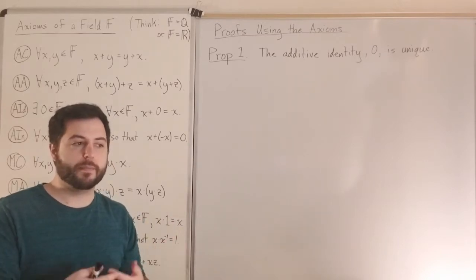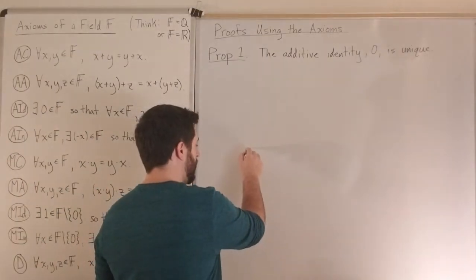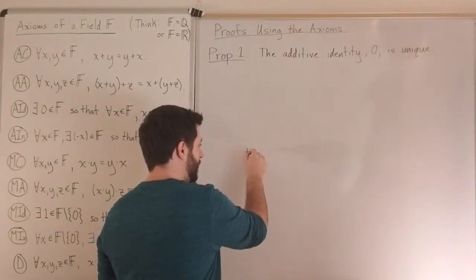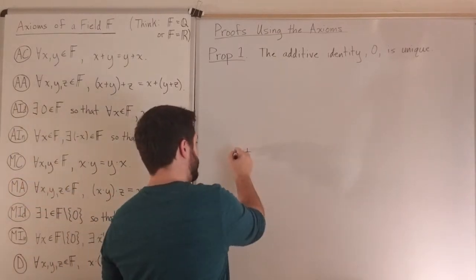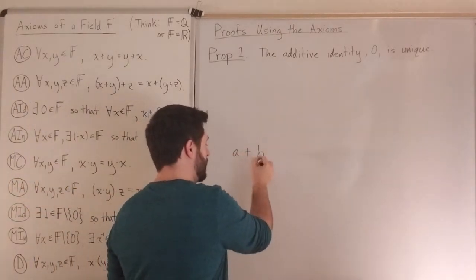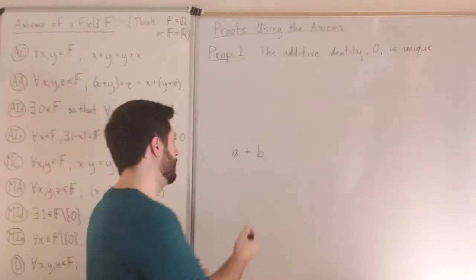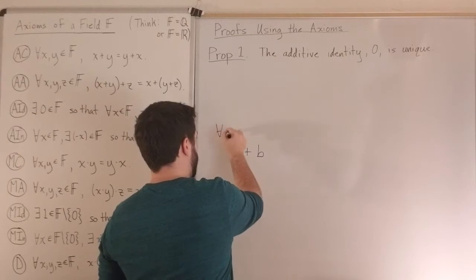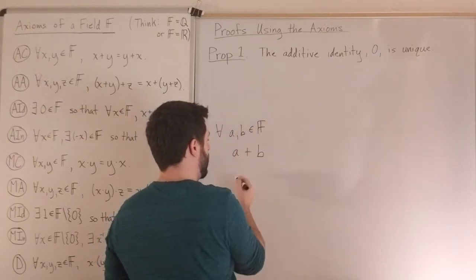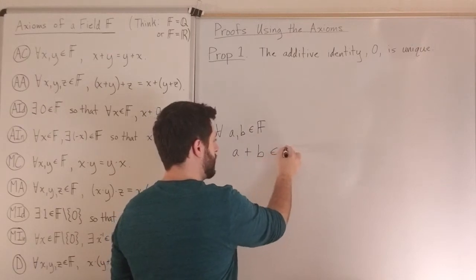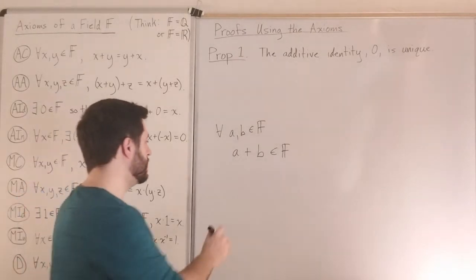To say that there's a binary operation on the set means that, we'll say plus is the name of the operation, you can take two inputs, put them on either side of this, and the output is another element of the set. So for all A and B in the field, A plus B is another element of the field. Okay, so that's one of our binary operations.